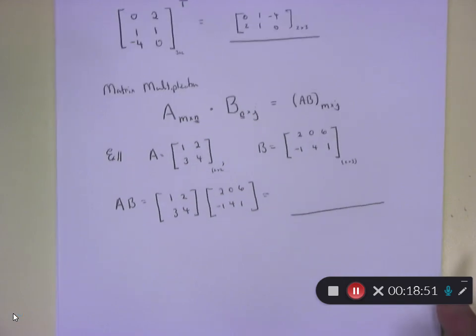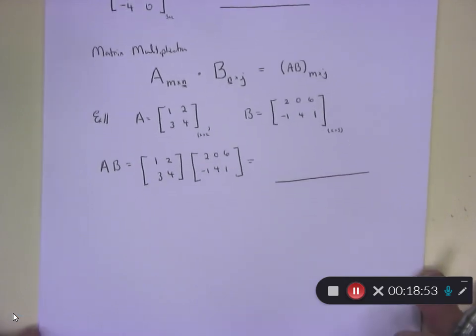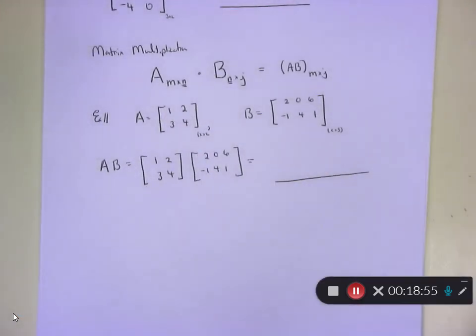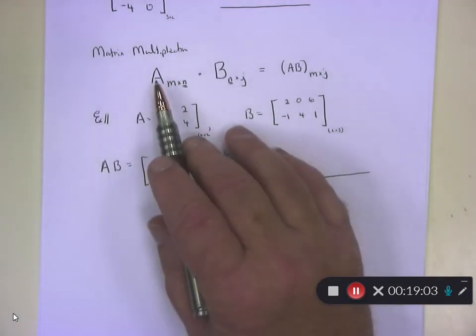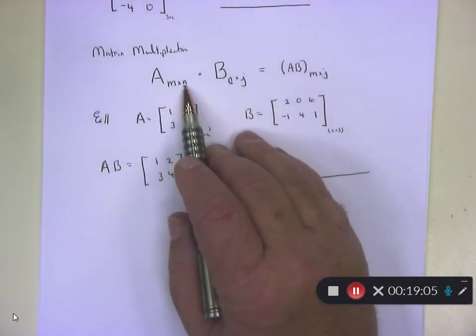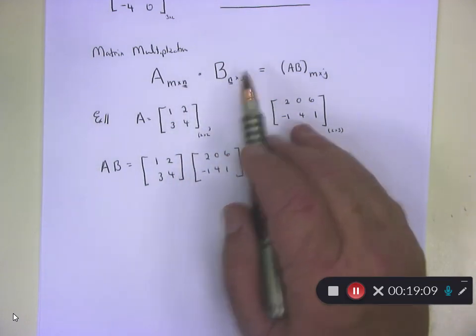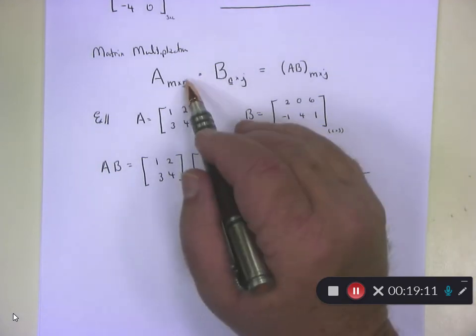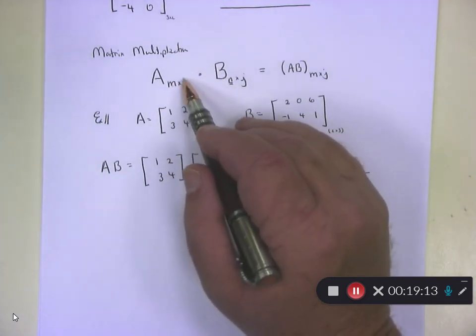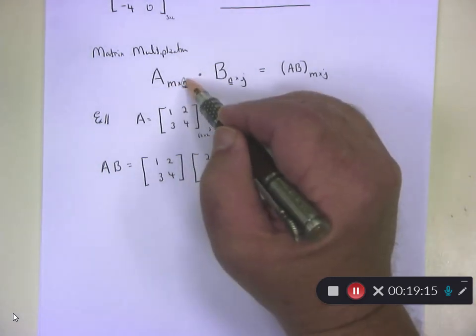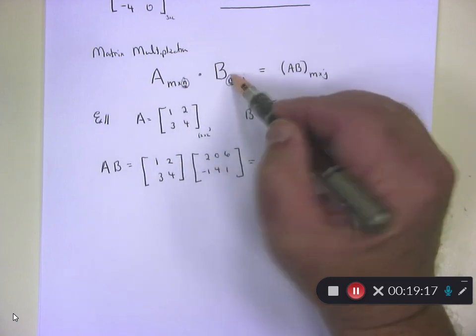Again, just to practice our classic matrix multiplication, I'll remind you that to multiply matrices, it's row by column, and that becomes the row-column entry. So if you have a matrix A which is M by N, and you multiply it times a matrix B which is N by J, the only way you can multiply these is if the columns of the first matrix match up to the rows of the second matrix.